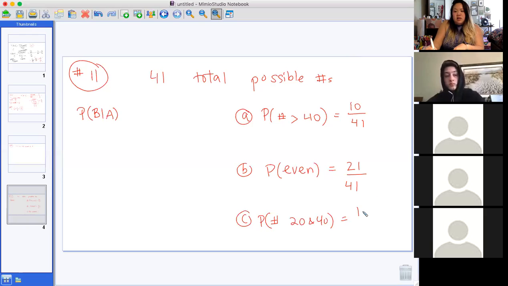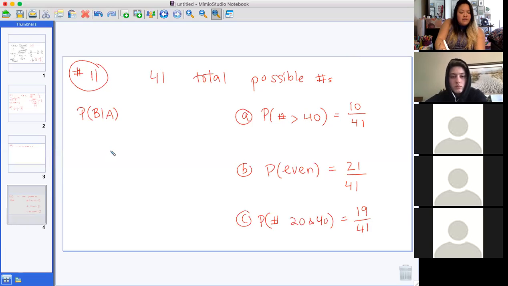So there's actually 19. I went through counting all of these, so you can do that as well to verify. I don't think there's a fast way to figure that out other than counting them all or writing them out so you can see how many there are, right? So 21 all the way to 39 gives us 19 numbers.